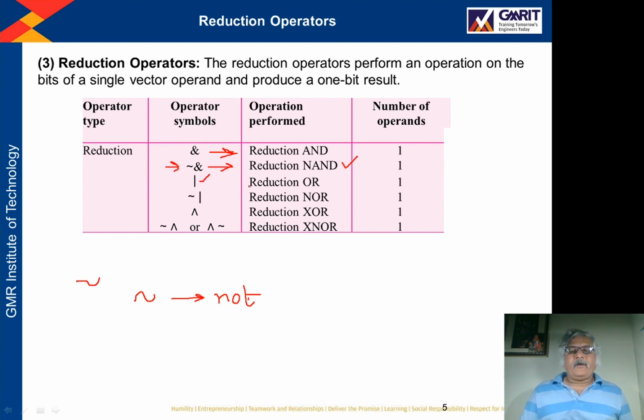Vertical bar is a reduction OR operation. Tilde with vertical bar is reduction NOR operation. And this caret, that is a cap, is an example of reduction XOR operation. And tilde cap or cap tilde, anything you can use, is an example of reduction XNOR operation, right?